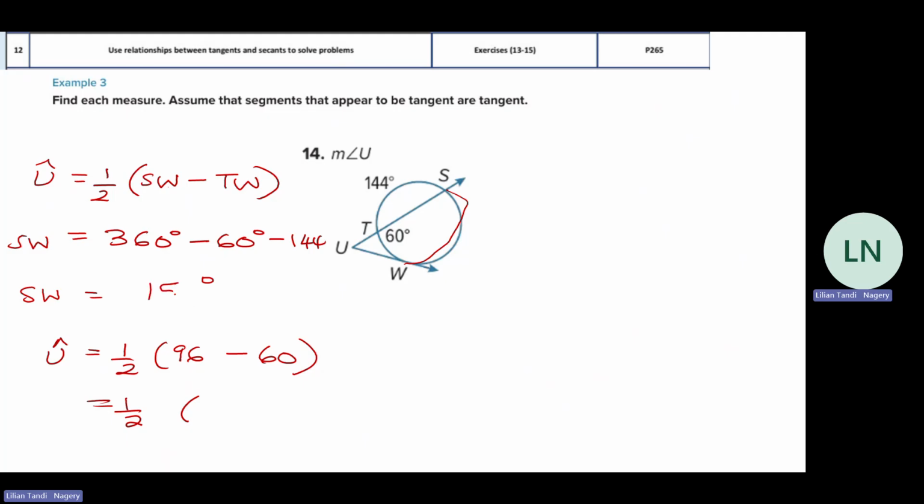Where am I getting 196 from? See, it is important for you to check your work, okay? So this will be 96, and then my answer should be angle U is equal to 48 degrees. Okay?